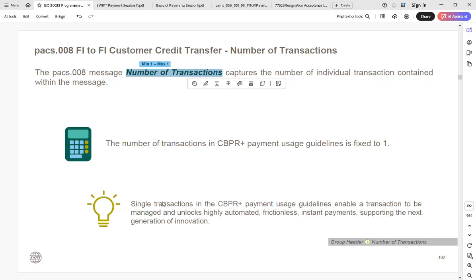Always. Now I'm going to tell you the structure of this PACS.008 message. This is a production example. From the group header, payment starts, and up to here is the application header.